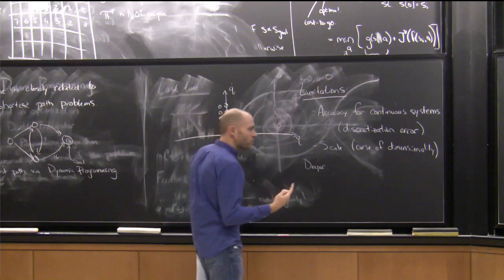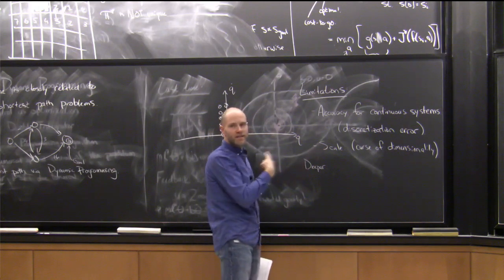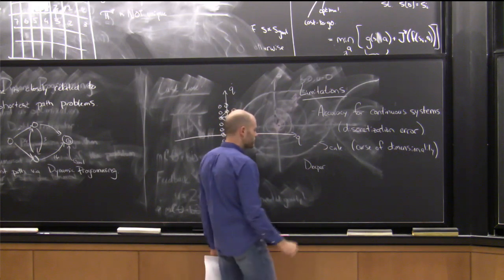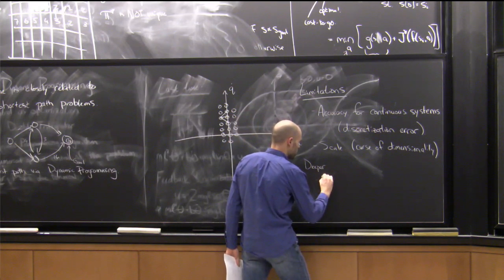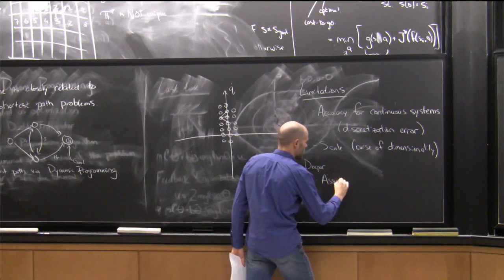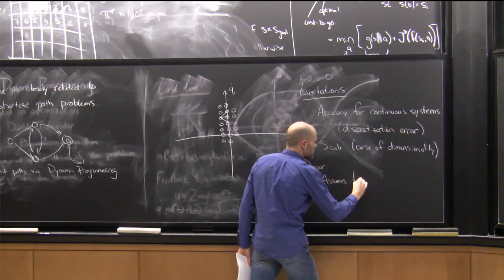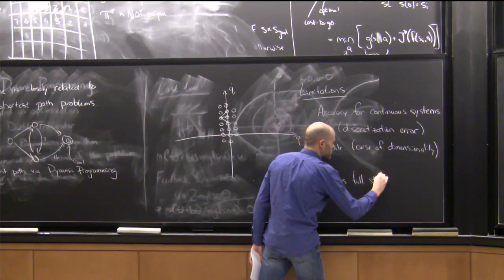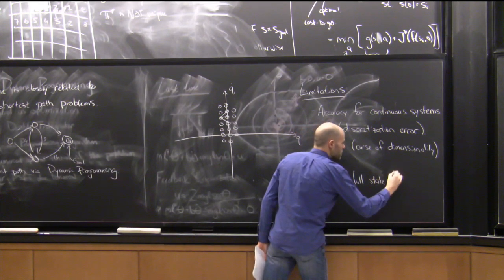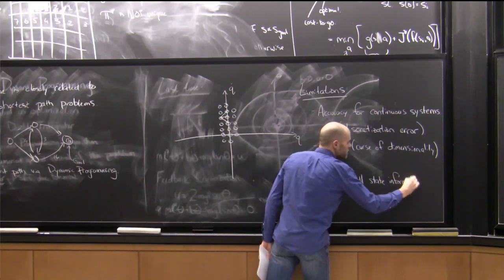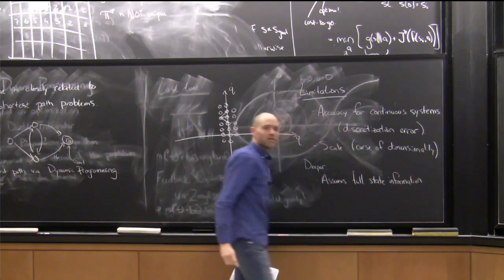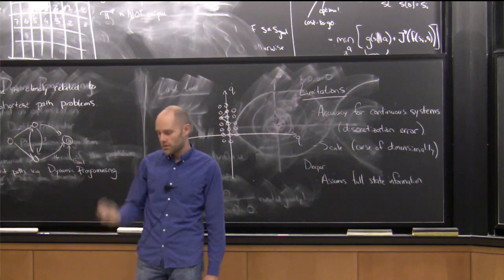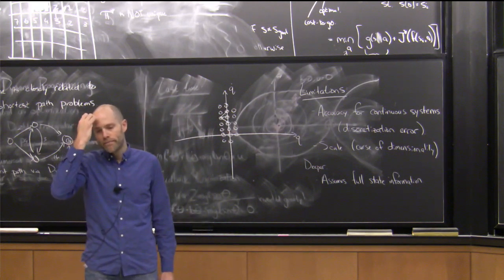But moreover, it assumes you can measure your state and take an action based on your current state. And that one is going to be a painful one going forward.